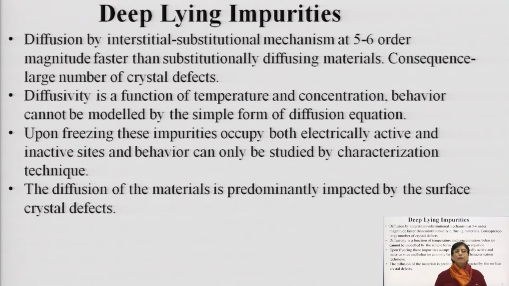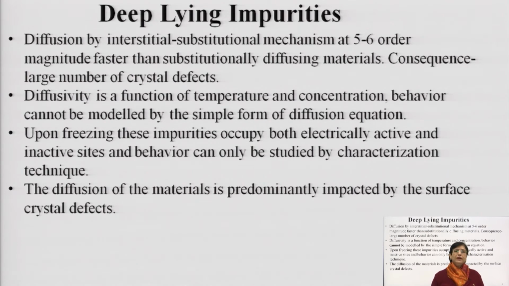Now, why are those deep lying impurities used? They are used for a particular application, basically to control the minority carrier lifetime or control the leakage current. We need to control the leakage currents, and therefore we go for such deep lying impurities.